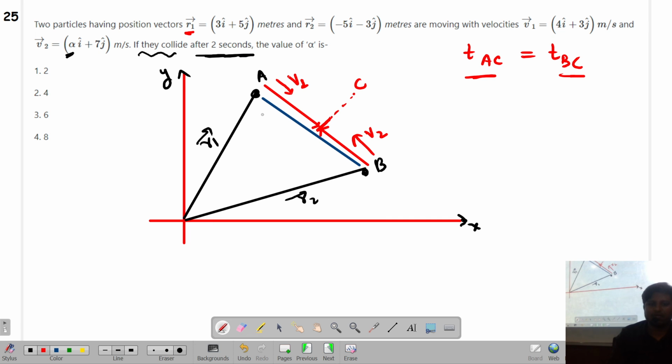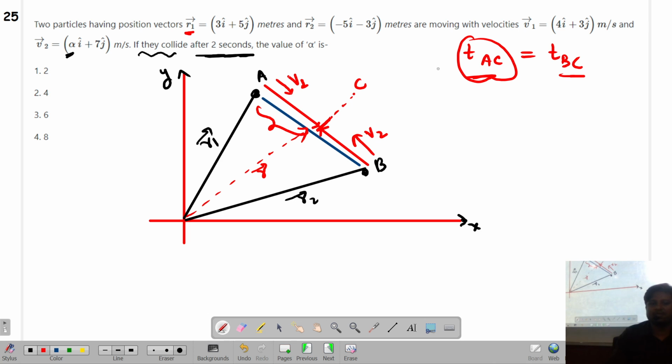Now, what is time? What is this distance I can write? Now look over here. For time of AC, what should be the equation created over here? Can you create the equation? Look over here. I can create my displacement vector over here or not? This vector R, yes or no?